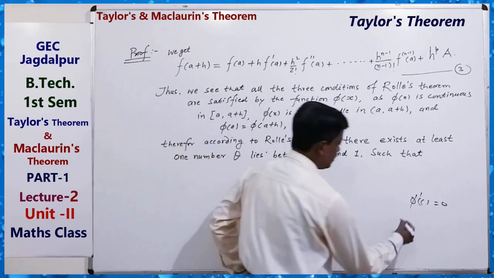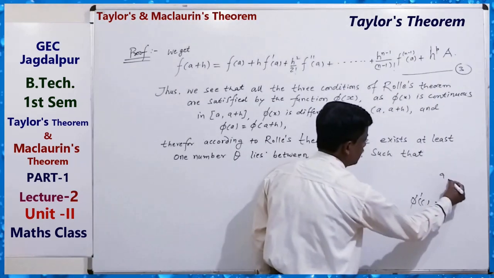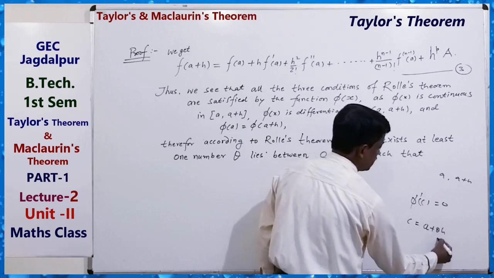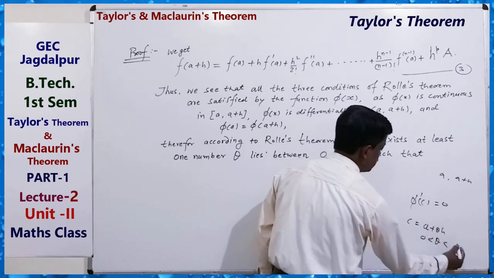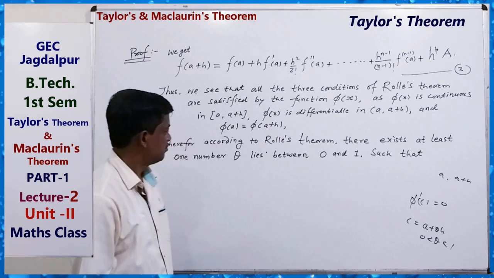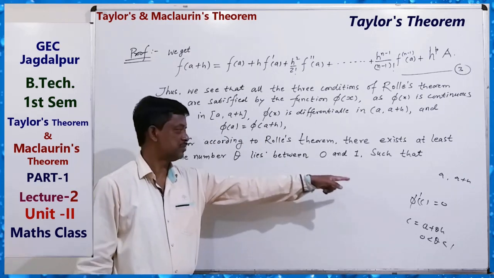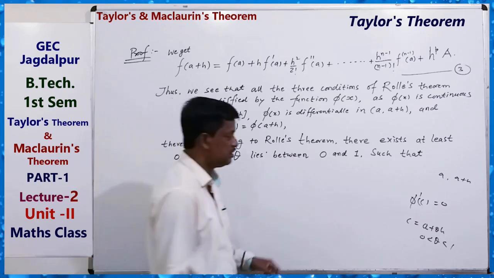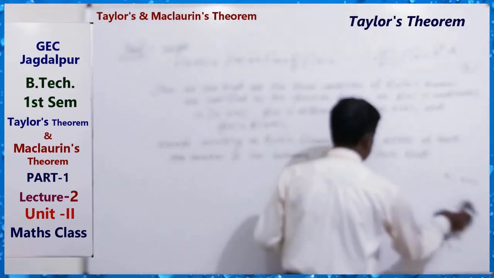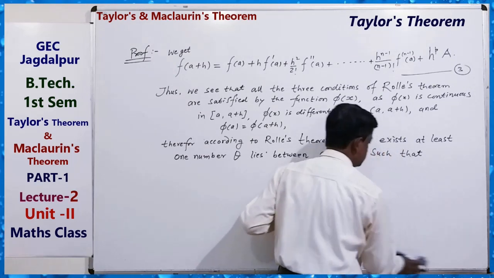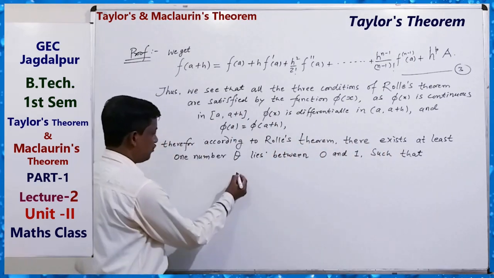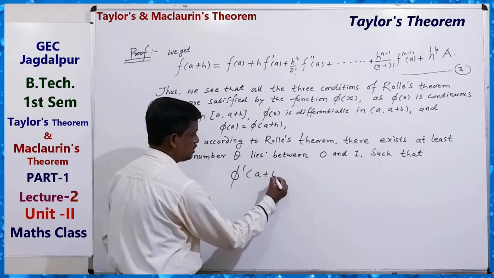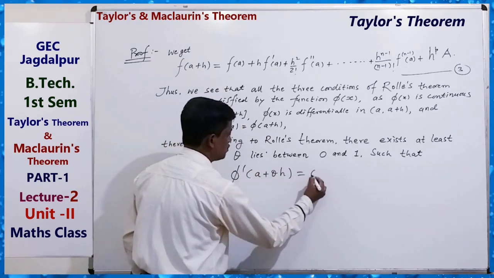That is, c lies between a and a plus h, so c can be written as a plus theta h, where theta lies between 0 and 1. So we can write in place of c, theta, such that phi dash (a plus theta h) equals 0.